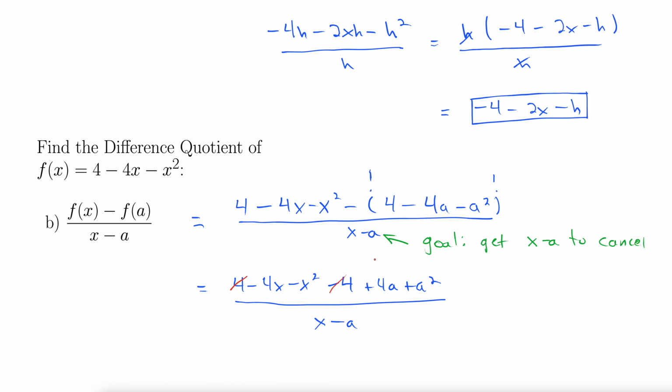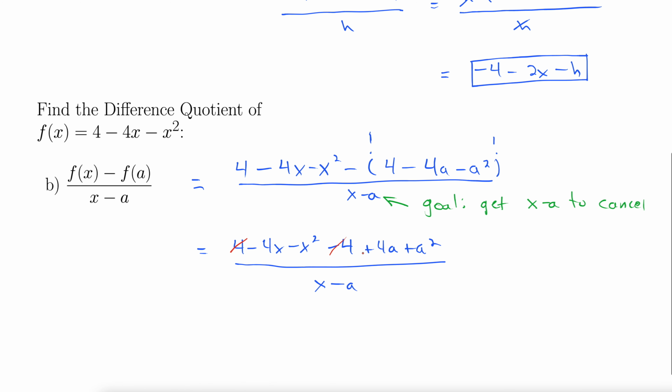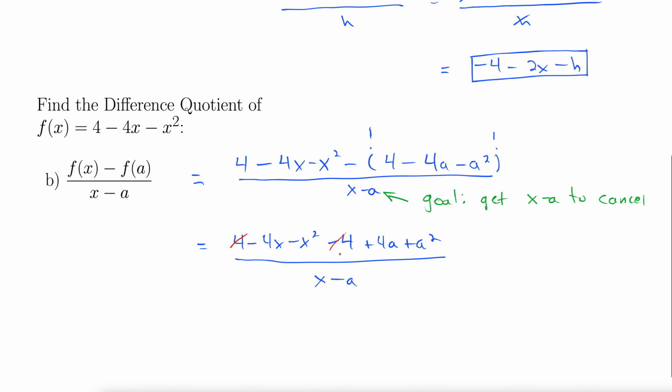So notice this is completely different from the h method. It's a completely different approach. The question now is, how are we going to get this x minus a to cancel in the denominator? Right, so let's rewrite it, see where we stand here. So minus 4x minus x squared plus 4a plus a squared all over x minus a.